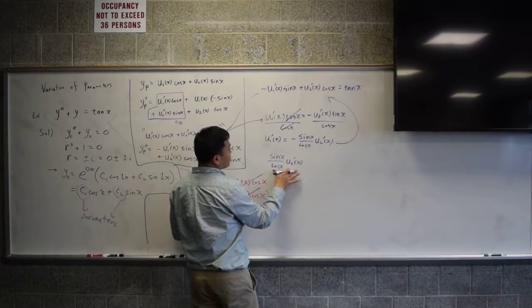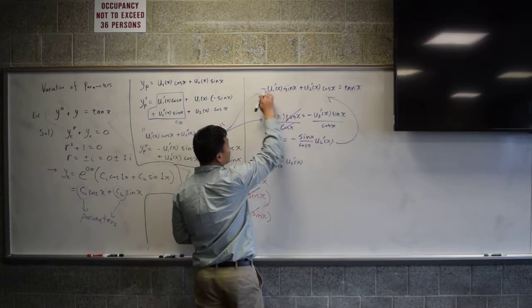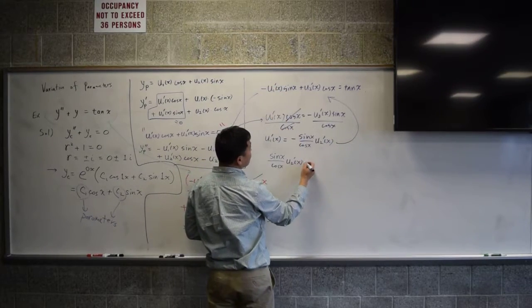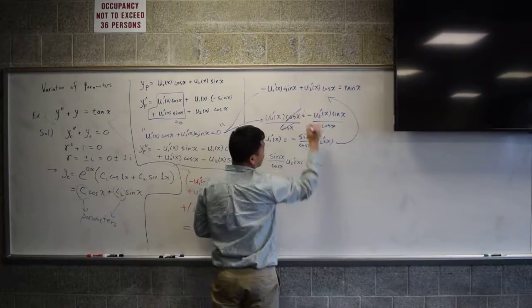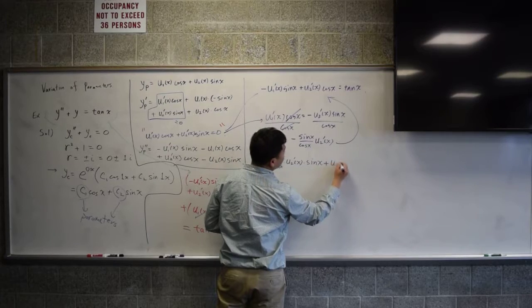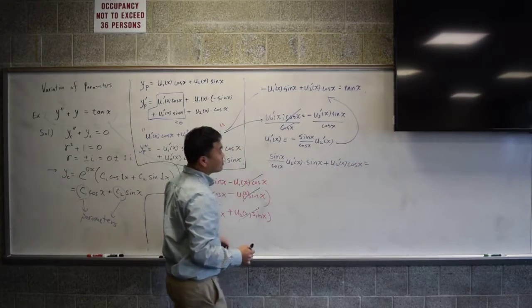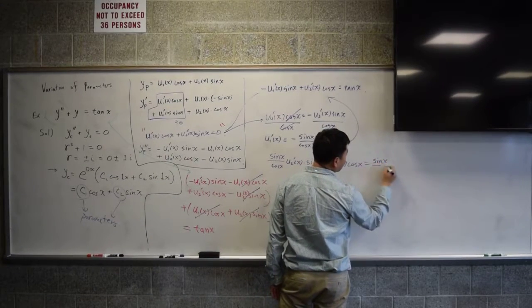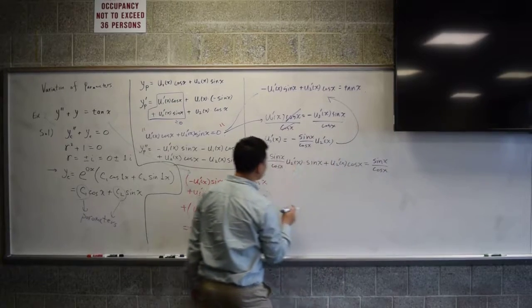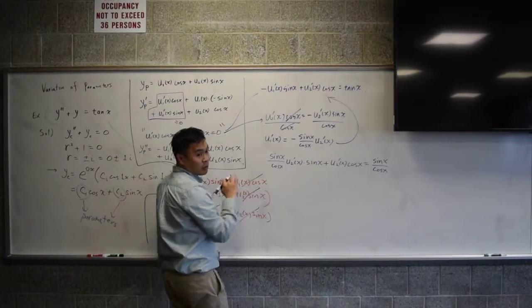So this much, after canceling the minus, is negative u1 prime of x, and then I still have sine of x attached. And then there's the plus u2 prime of x, cosine of x. Let's write down the tangent of x as sine x over cosine x. Now I want to multiply by cosine to get rid of the cosines.